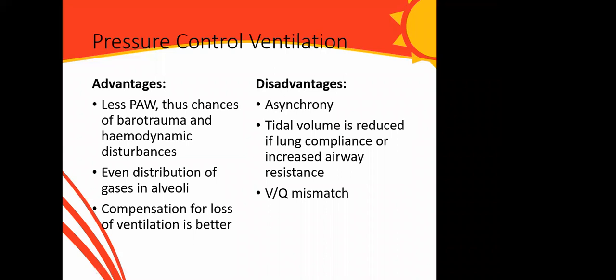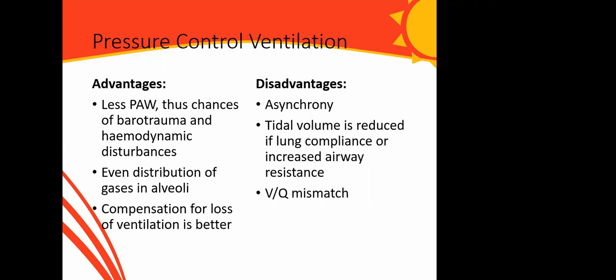The advantages of pressure-controlled ventilation is that it requires less peak airway pressure. So like I mentioned, it reduces the risk of barotrauma or hemodynamic disturbances. There's even distribution of gases in the alveoli, and the compensation for loss of ventilation is better because the inspiratory pressure is what is preset.